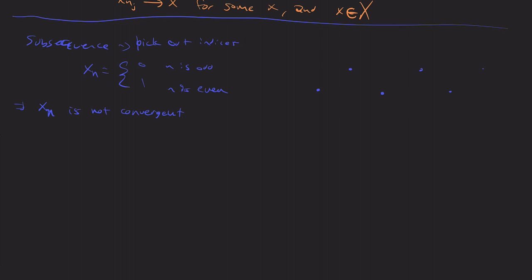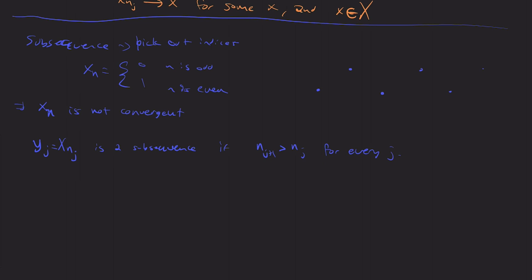So x_{n_j} is a subsequence if n_{j+1} is greater than n_j for every j. Basically what you're doing is picking the indices j that you want out of the original sequence.